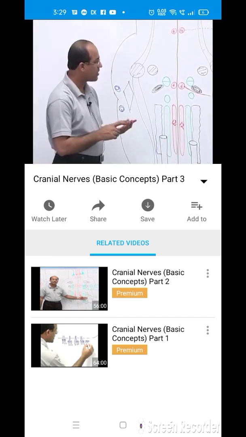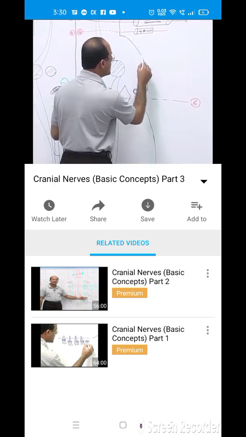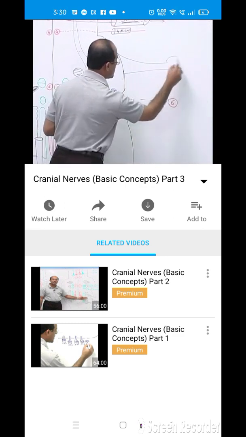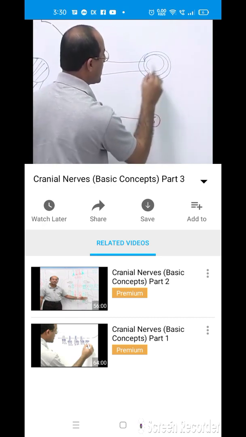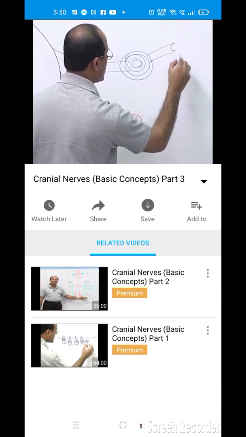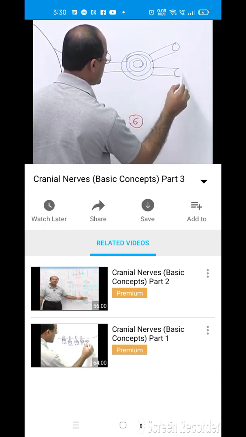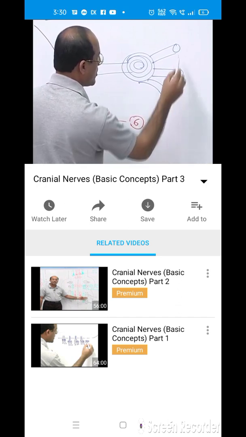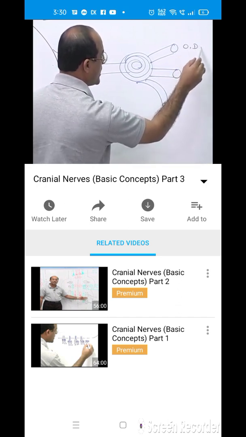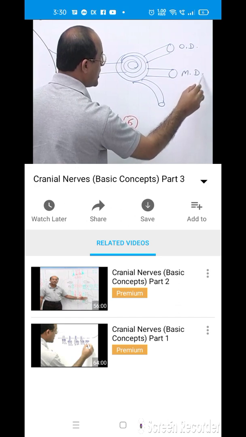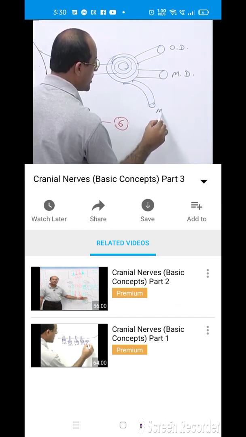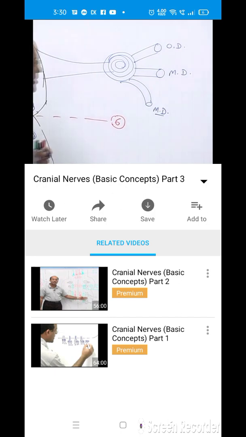Now you know the fifth has a sensory root. This was the trigeminal ganglion, and here it was which divisions? Ophthalmic division, yes. Maxillary division, and there is mandibular division. Is that right?